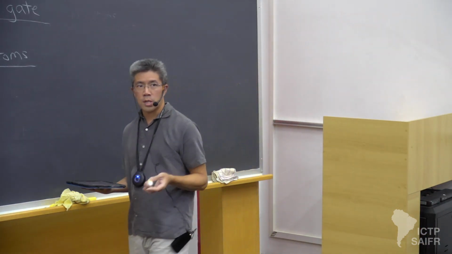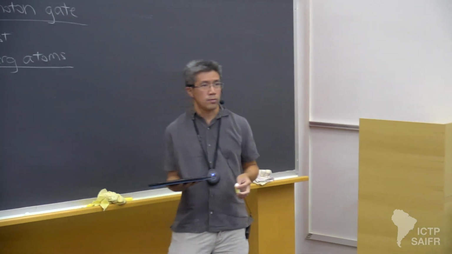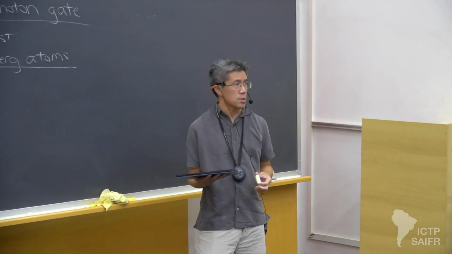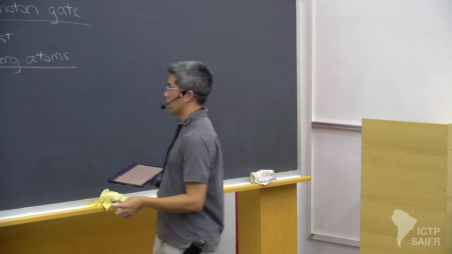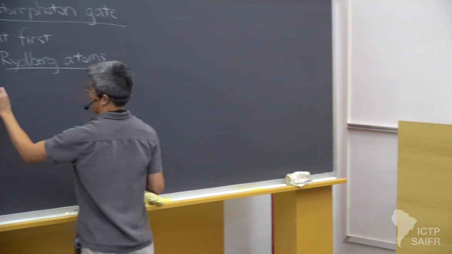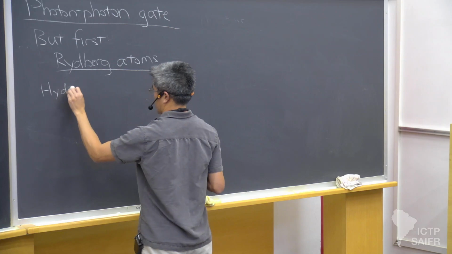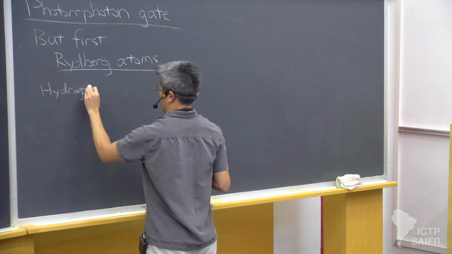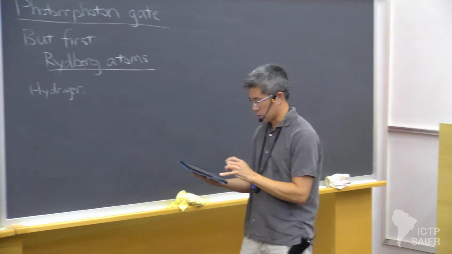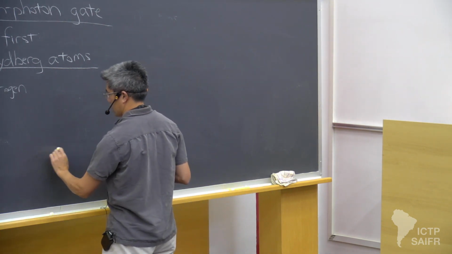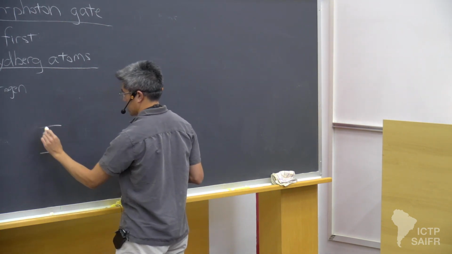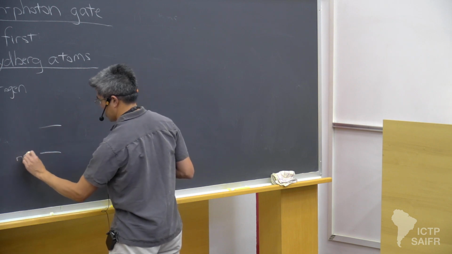So Marcello presented already a brief introduction to Rydberg states yesterday, and let me just recap the main points. If you take any typical atom, you can even take hydrogen, but these statements are quite generic. Remember that your atomic states are labeled by some principal quantum number n.